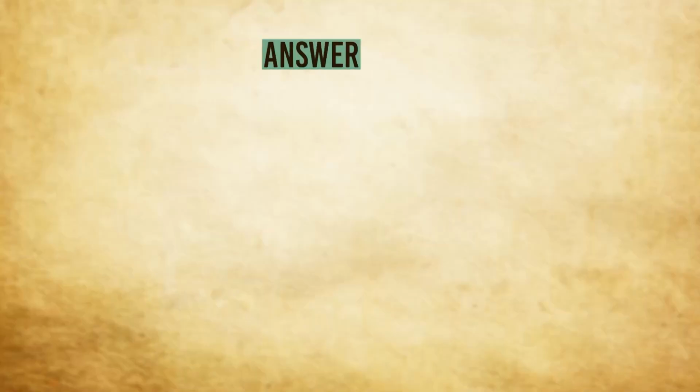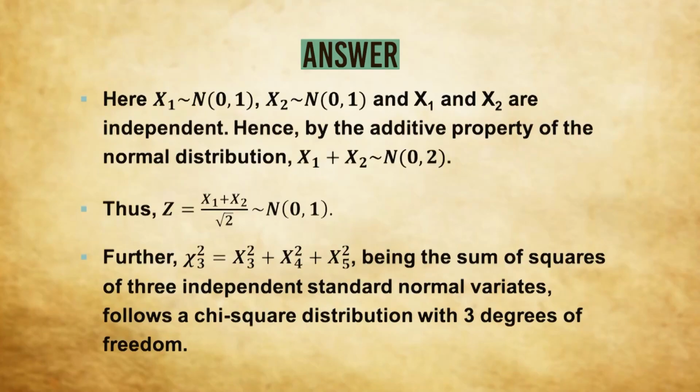Simple. So, X1 follows normal 0, 1, X2 follows normal 0, 1, X1 and X2 are independent. If we use the additive property of normal distribution, we can say that X1 plus X2 will follow a normal distribution with mean 0 and variance 2. So, clearly, if we define Z as (X1 plus X2 minus 0), or simply X1 plus X2, divided by root 2, it will follow a standard normal distribution. So we keep the standard normal variate in the numerator. Now in the denominator, we construct a chi-square variate.